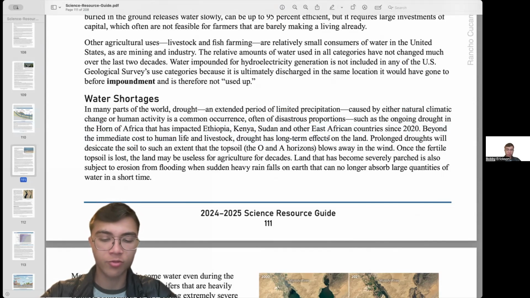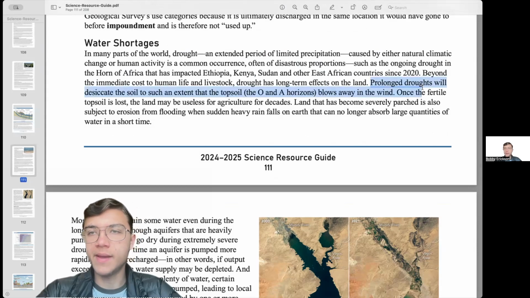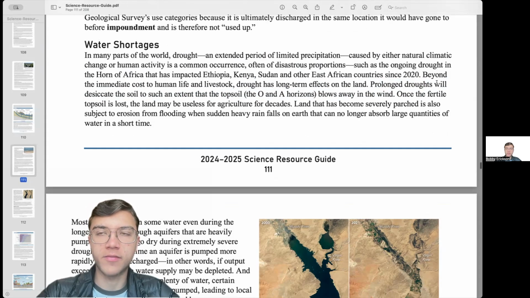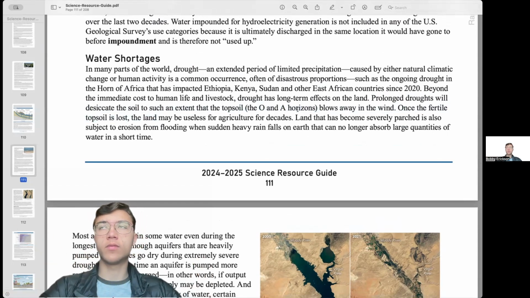We talked a bit about drought when we were discussing soil and how it may not have the ability to produce new layers of soil or support agricultural use when you have low water amounts. Prolonged droughts, so time, remember, is one of those state variables for soil, will actually cause the topsoil, O and A horizons, to desiccate and blow away.